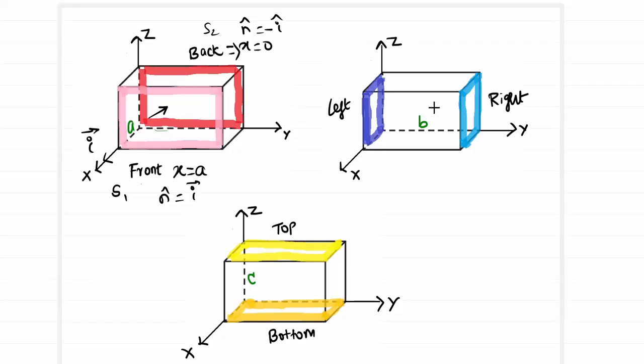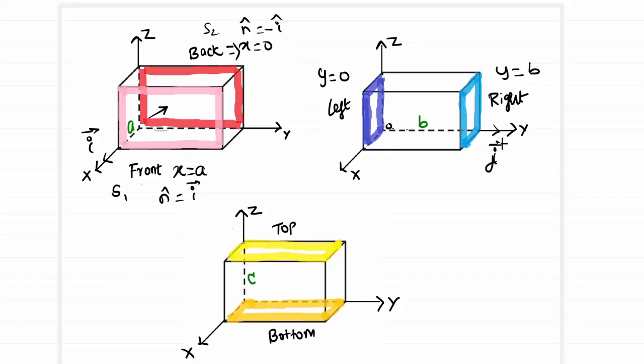Now let me move to the next two faces. What are they? A left, a right. The XOZ plane, what do you call this as? y equal to 0. Now you move b units over here and you will have this light blue plane. You call it y equal to b because it has moved b units. What is going to be the unit vector in the direction of y?